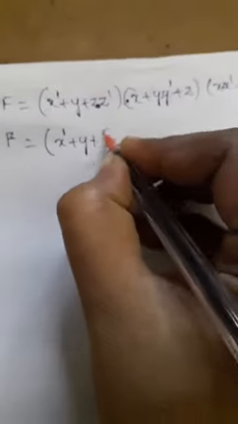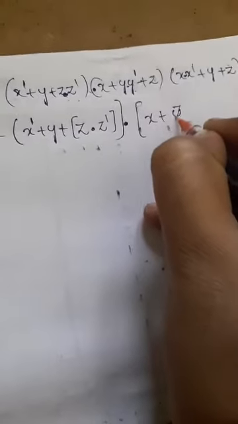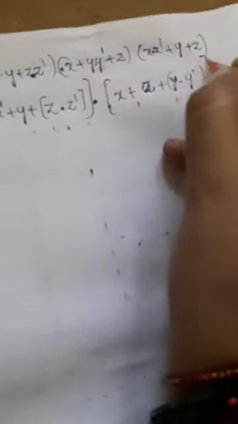We'll define that product into two terms. That means x complement plus y plus z into z complement. I will rewrite this equation like this, into x plus z plus y into y complement.